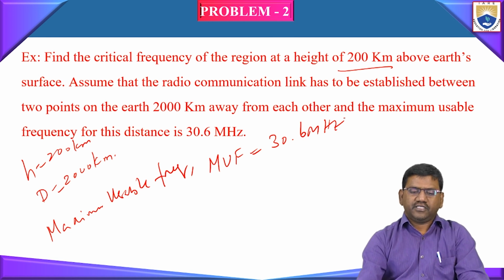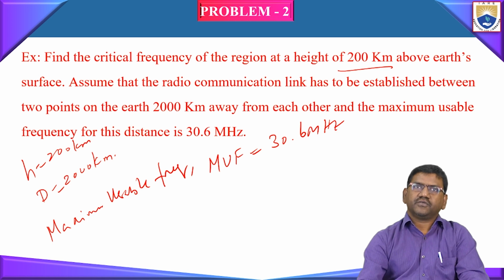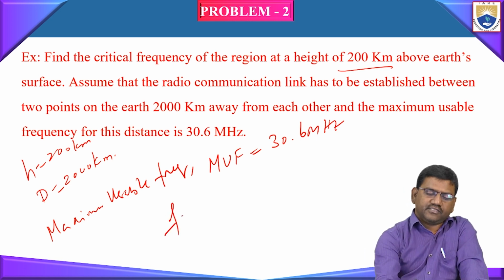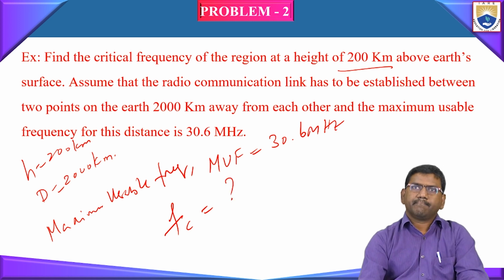So we need to find out the critical frequency of the region at a height of 200 kilometers. The critical frequency is given by Fc, which we need to find.